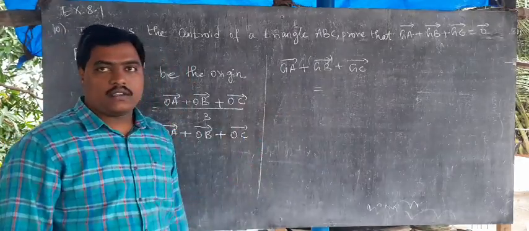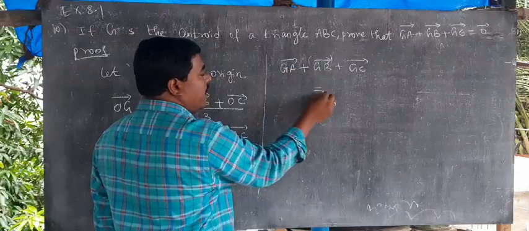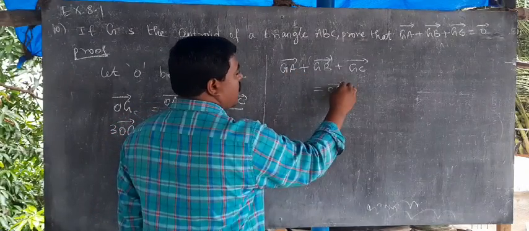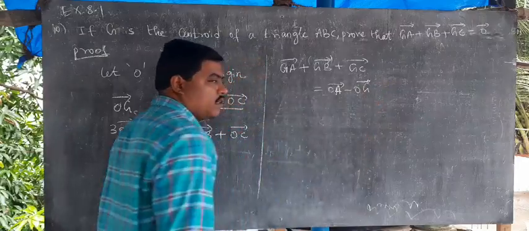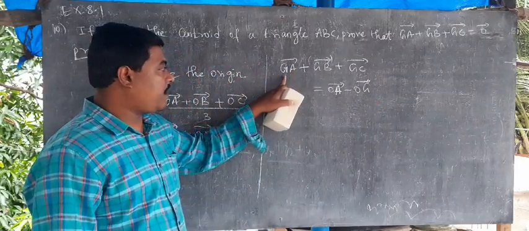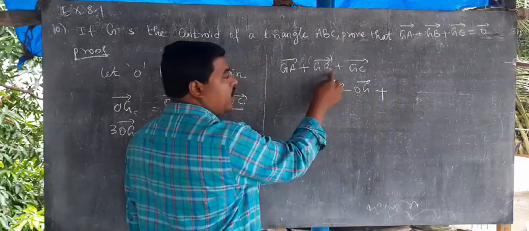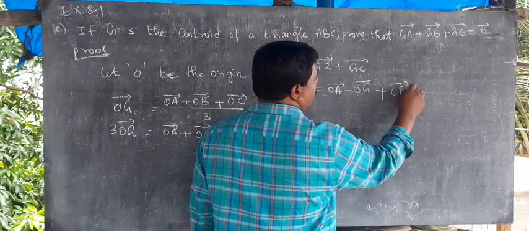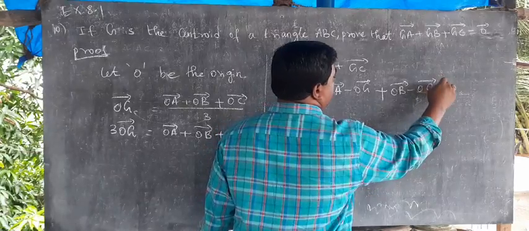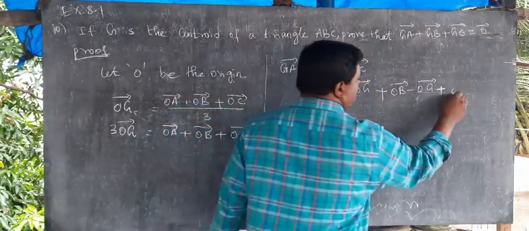GA vector, that is a position vector, we write what? OA vector minus OG vector, right? OA vector minus OG vector, and then plus GB, OB vector minus OG vector, plus OC vector minus OG vector.